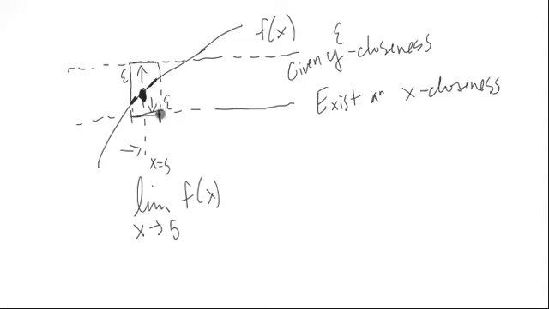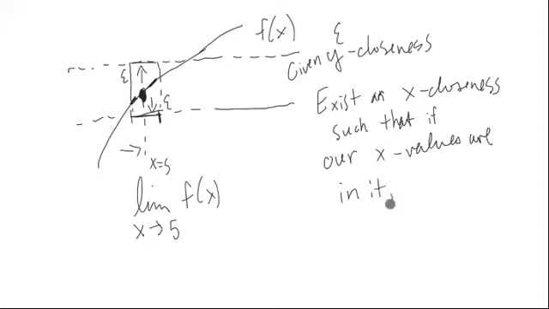So the y values are going to be within the y closeness. So there exists an x closeness such that if our x values are in it, then the y values will be in the y closeness.